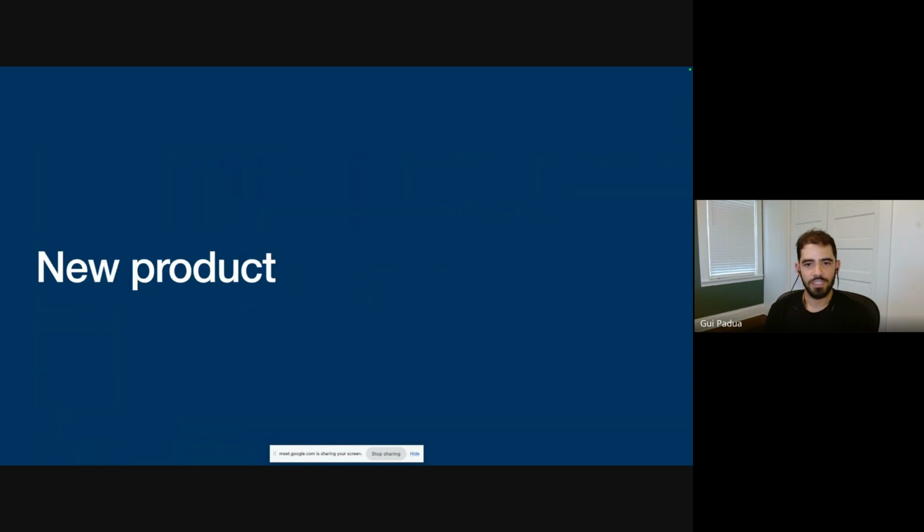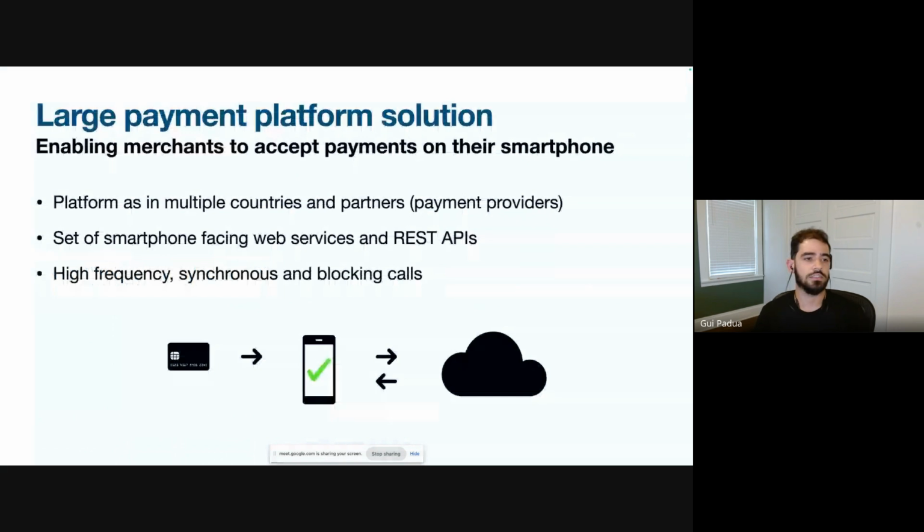So first thing I want to highlight: we start with a new product, right? So we want to consider performance from the get-go, designing with performance in mind. And I would say it's the first phase. As context, the product we were building was a large payment platform solution.